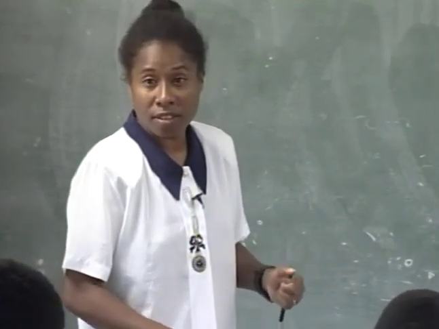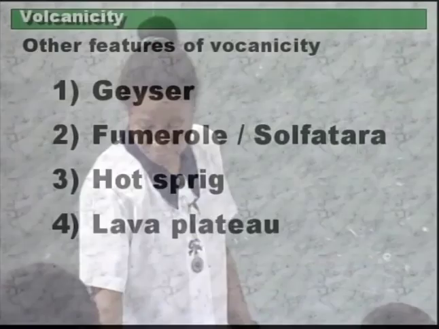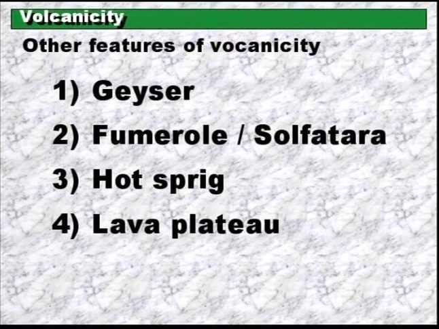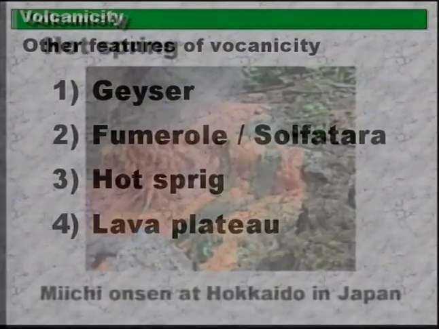Next feature, hot springs. We'll look at some examples of hot springs around the world. And we have there the Miichi Onsen, which is a hot spring at Hokkaido in Japan.